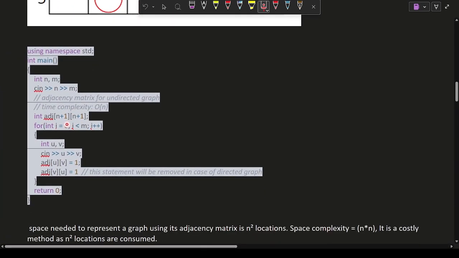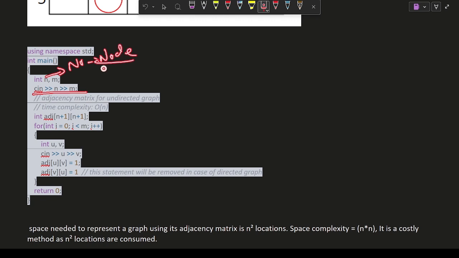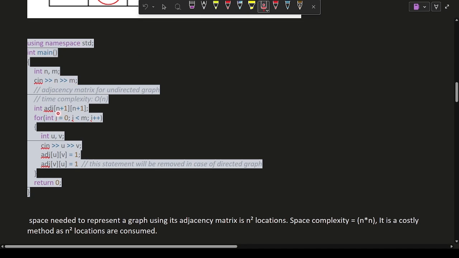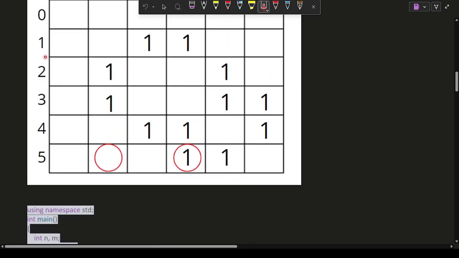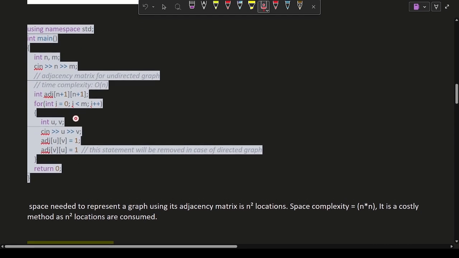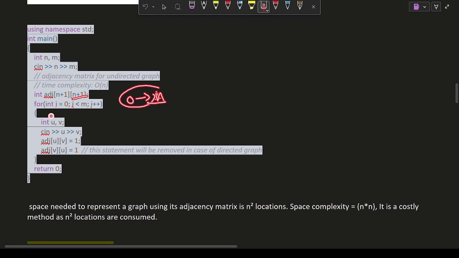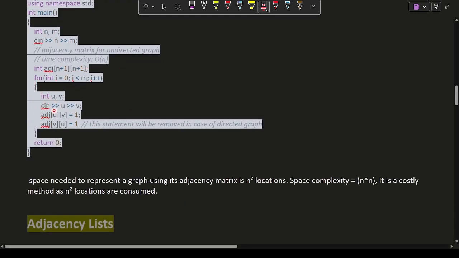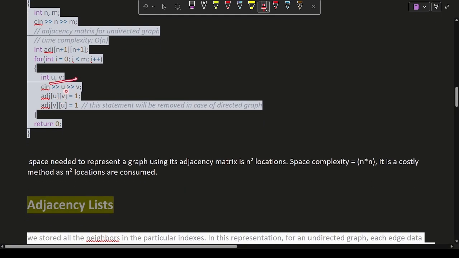So here is the code. Take input n and m, where n is the number of nodes and m is the number of edges. Here we take n plus 1 because the indices run from 0 to n. Then in a for loop over the edges, take u and v as input.